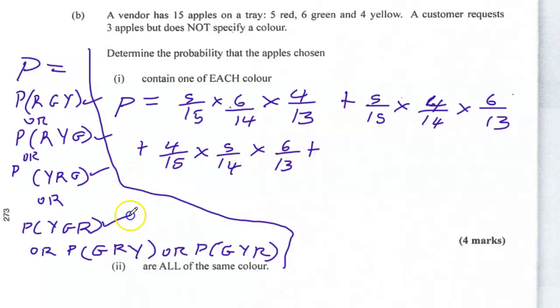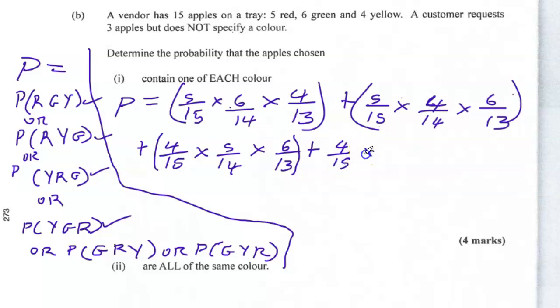Plus this one now. So we've gone 1, 2, 3. So we have 3 more. So this one now. So yellow 4 over 15. Green 6 over 14. Red 5 over 15.